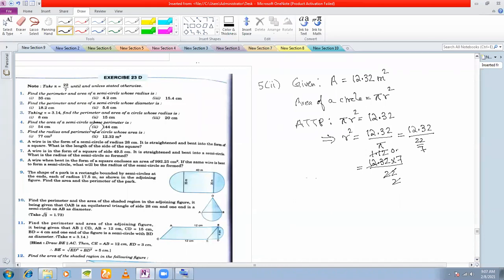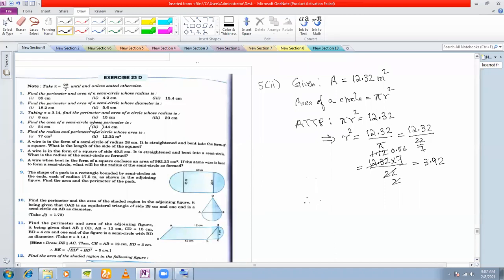You'll get 0.56. So 0.56 into 7 is 3.92. So r square we are getting as 3.92.